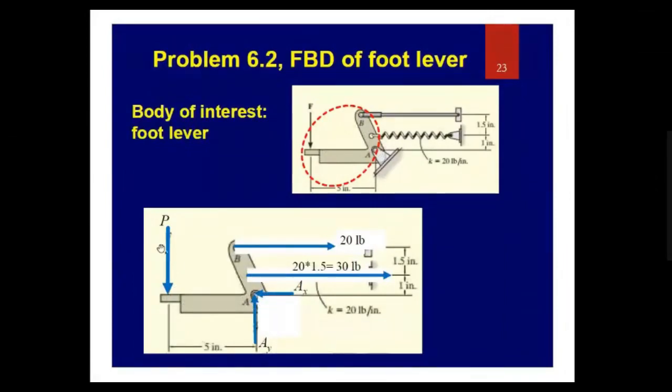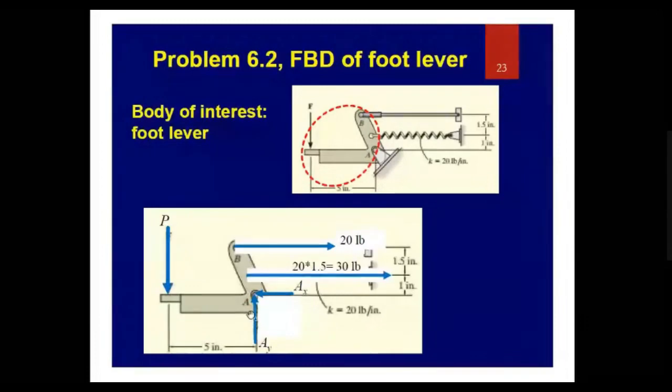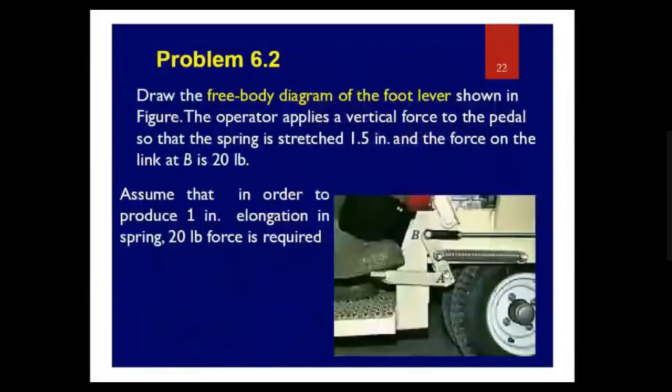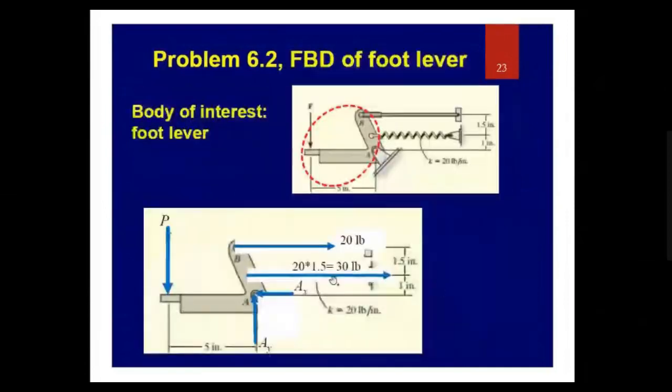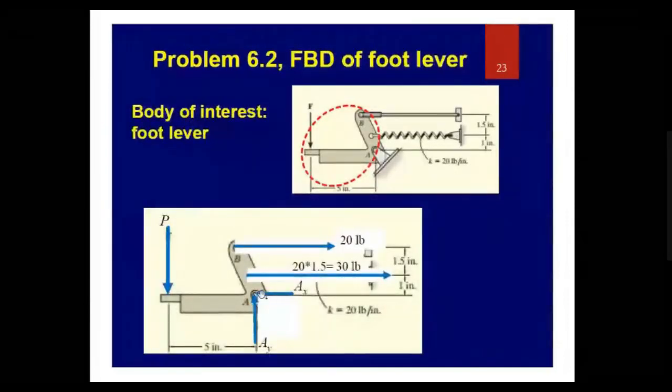Then this body is subjected to some force by the foot of a person in the vertical direction. Let's denote it with the force P, because I don't know what magnitude of force has been applied. Then this body is attached to a hinge support over here. So it will generate two reaction forces, one in the horizontal, one in the vertical direction.